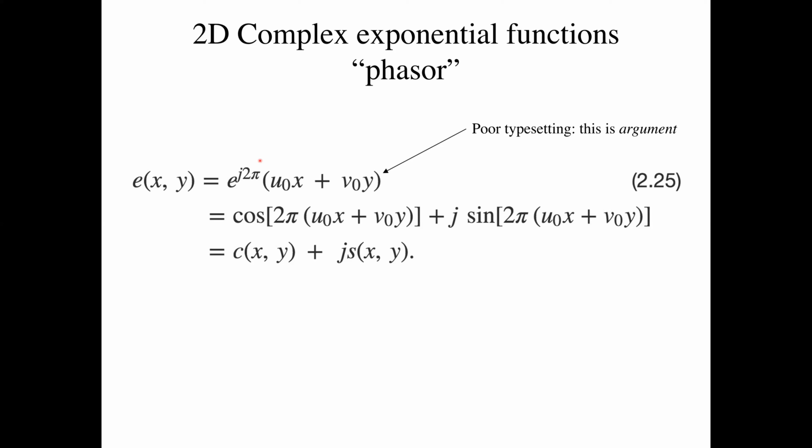So understanding that this e to the j theta is just a phasor. It's a unit length vector that's rotating around in the plane. And this is the theta value in the plane. We're going to set these constants with our imaging coordinates, and you can break it up into its real and imaginary parts.